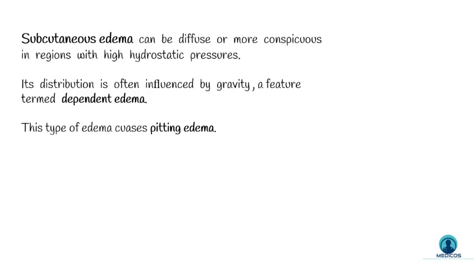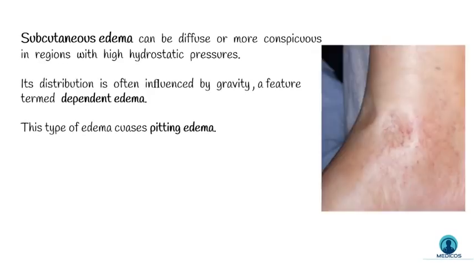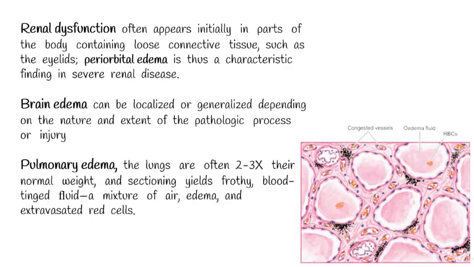And this type of edema also causes pitting edema, which is when we press over markedly edematous subcutaneous tissue, it displaces the interstitial fluid and leaves a depression, our thumb sign or finger sign. Edema resulting from renal dysfunction often appears initially in parts of the body containing loose connective tissue such as the eyelid, and periorbital edema is thus a characteristic finding in severe renal disease.